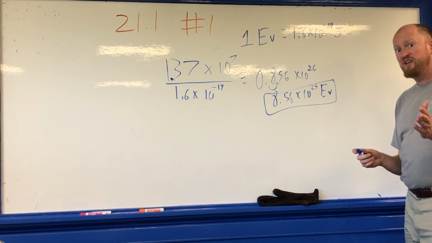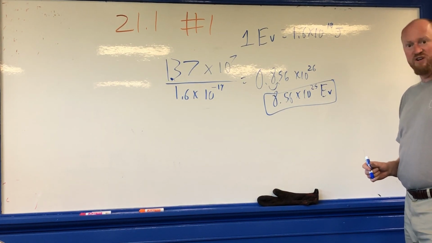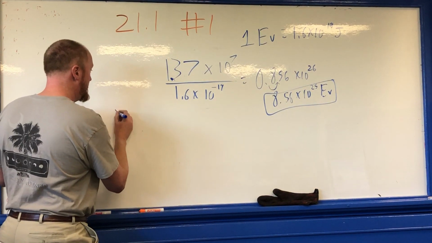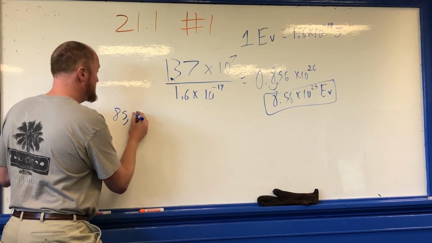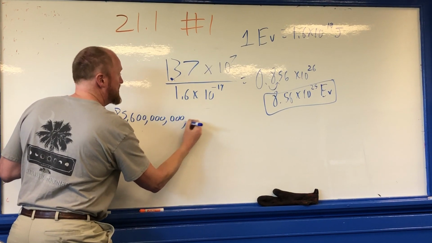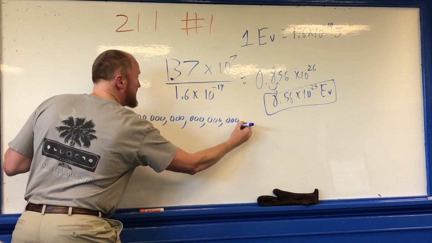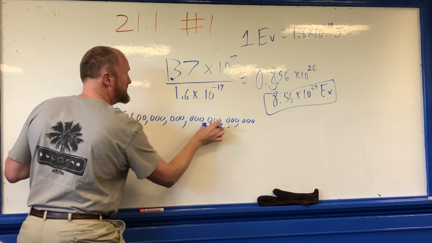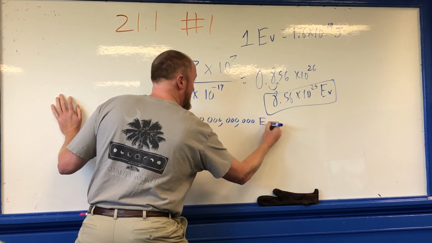Now, if you did this long ways and you didn't screw up, I'll tell you what you're going to get. I'm going to write it right here: 8, 5, 6, 0, 0, and then groups of zeros, counting 3, 6, 9, 12, 15, 21, 24, yep, there we are, that many electron volts.